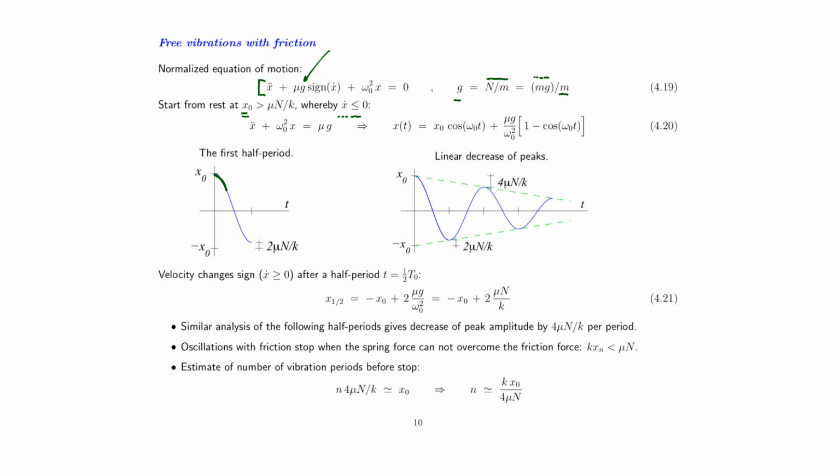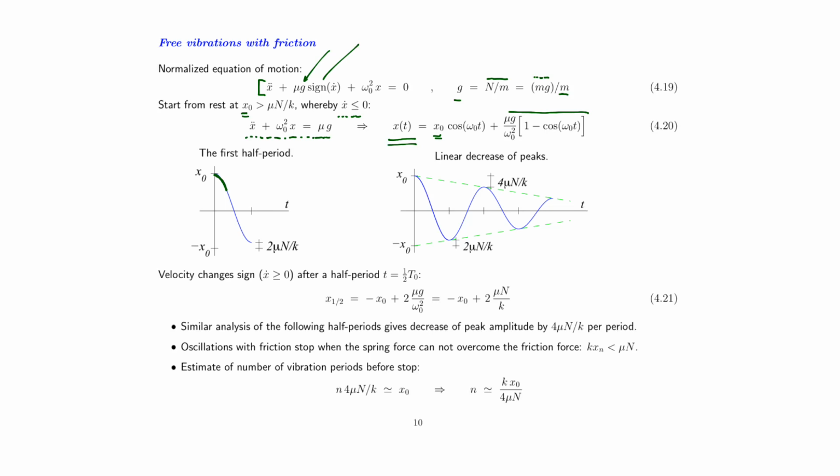That means that for the first part, this sign function will be negative, and it can be moved to the right hand side, so that for the first half period we will have to solve this equation. That's an inhomogeneous second order ordinary differential equation with a solution given right here. We have a term that depends on the initial displacement, and a term coming from the particular solution to the inhomogeneous ordinary differential equation.